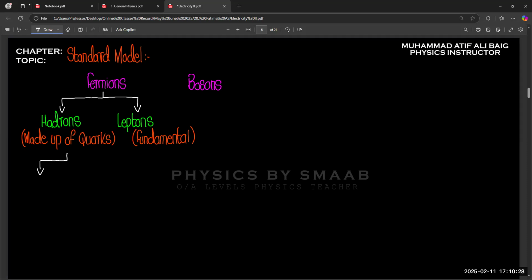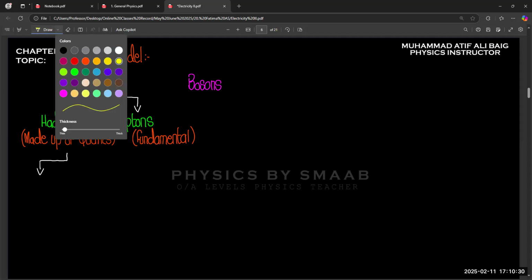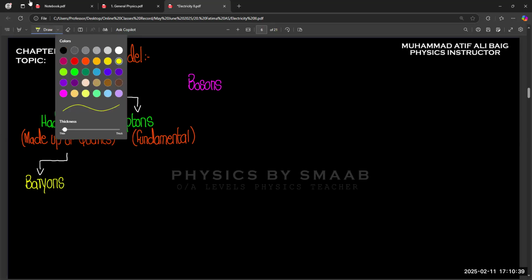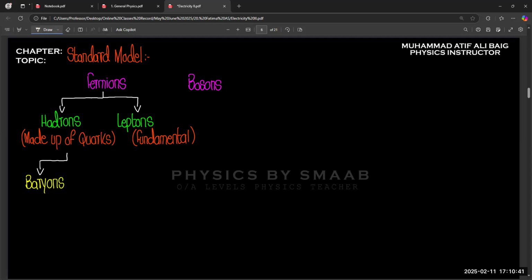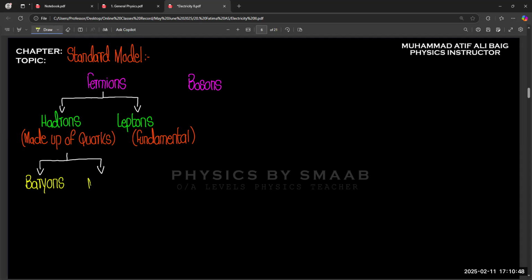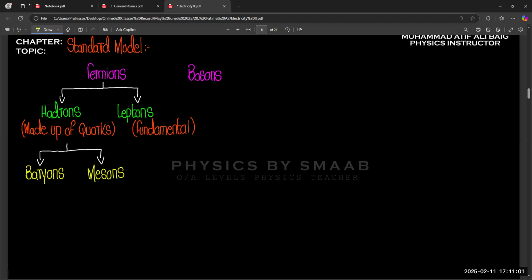One category is called baryons, and the other category is mesons. So hadrons are also made up of other particles, baryons or mesons.